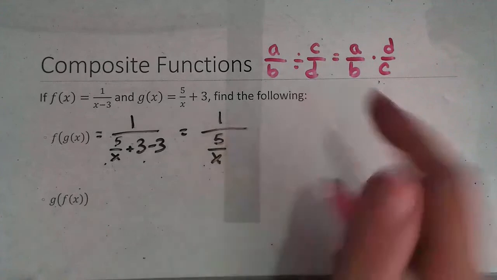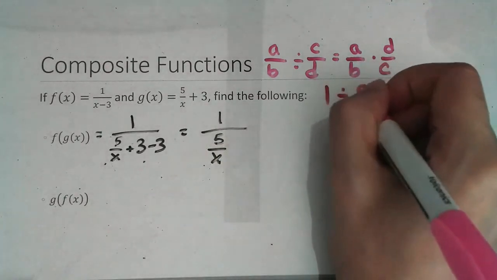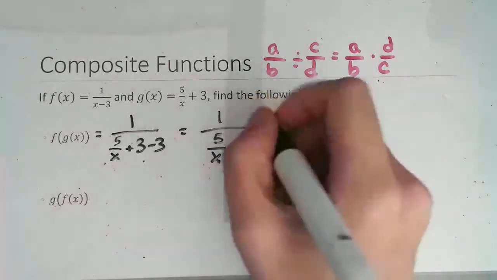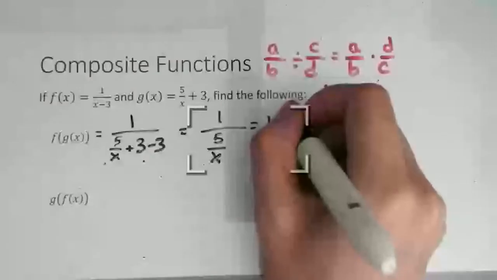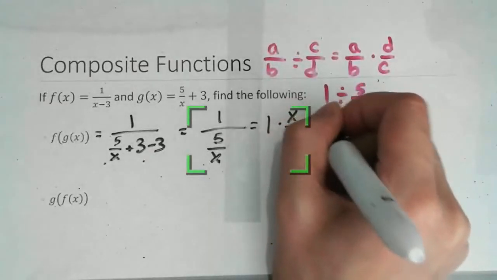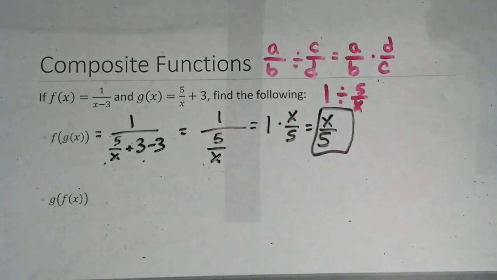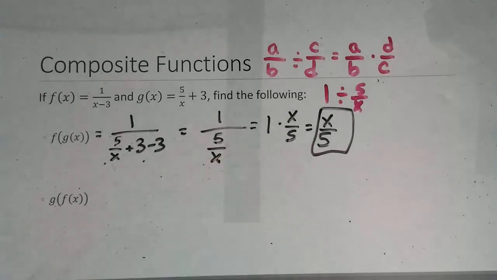Right here, this is just 1 divided by 5 over x. So that means I can do my keep, change, flip, and this is 1 times, flip the second fraction, x over 5, which is just x over 5. So when you see a fraction in the denominator, do your keep, change, flip, and all will be well.